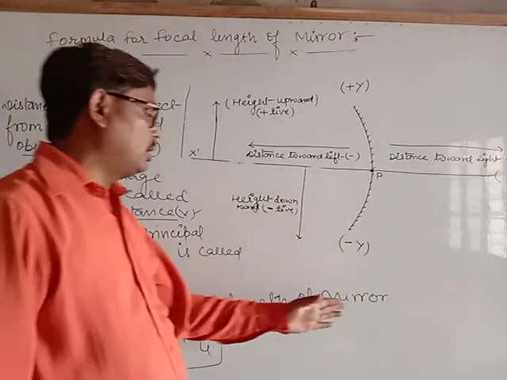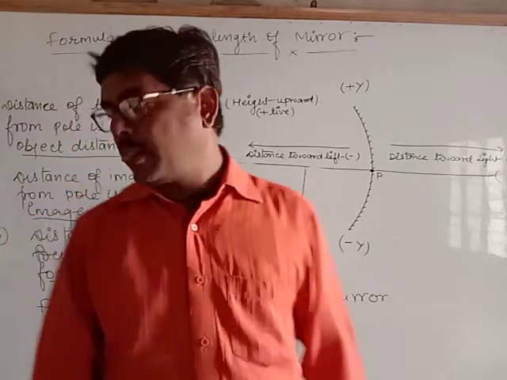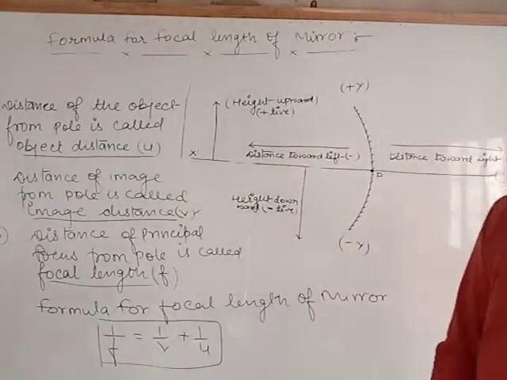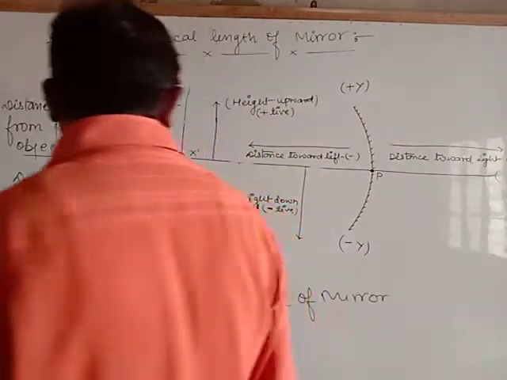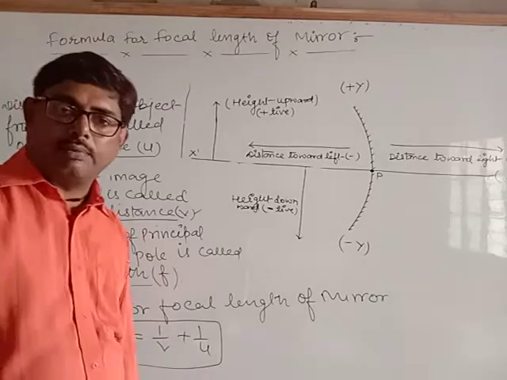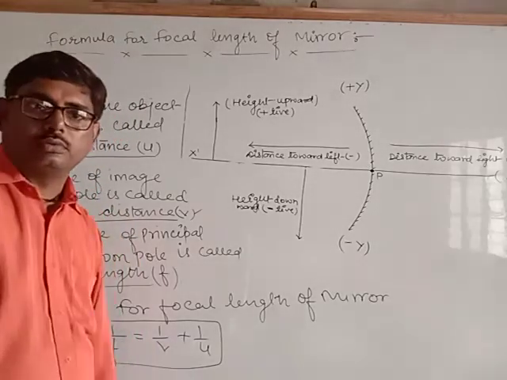The formula for the focal length of the mirror is given by 1 upon f equals 1 upon v plus 1 upon u. If any two values are given, then you can calculate the third value.